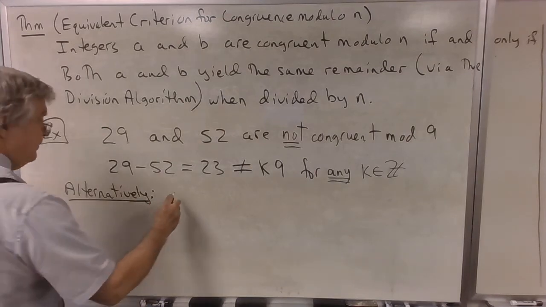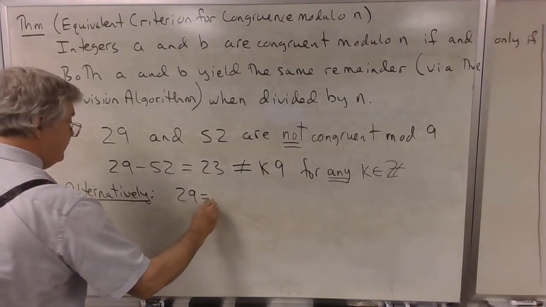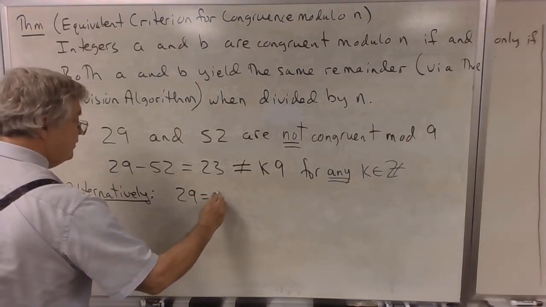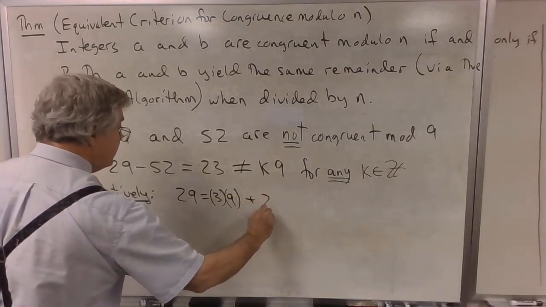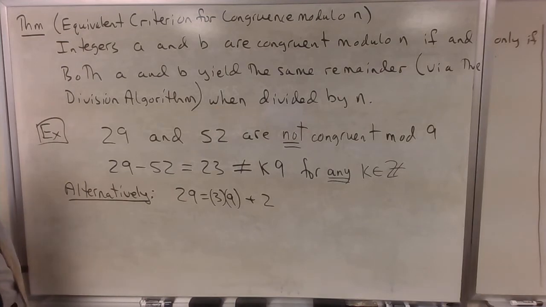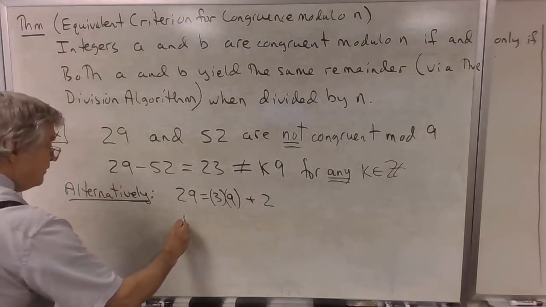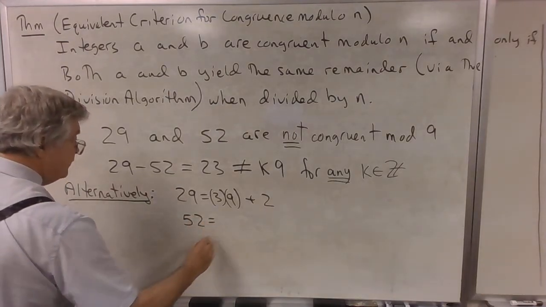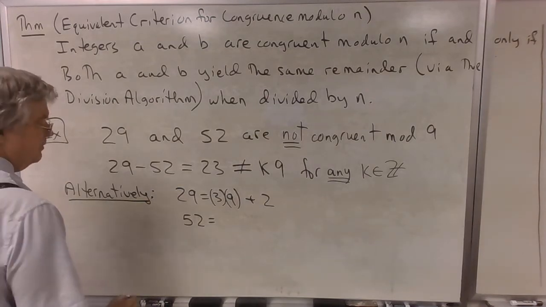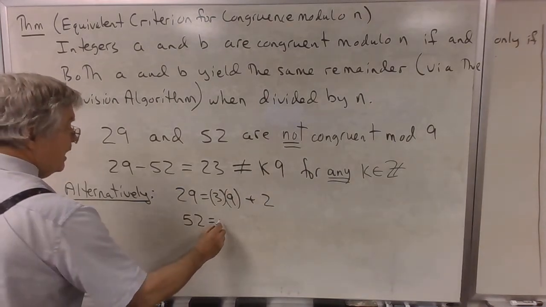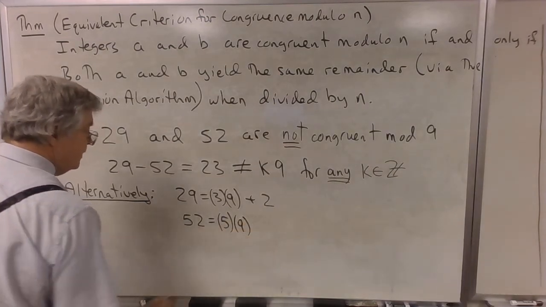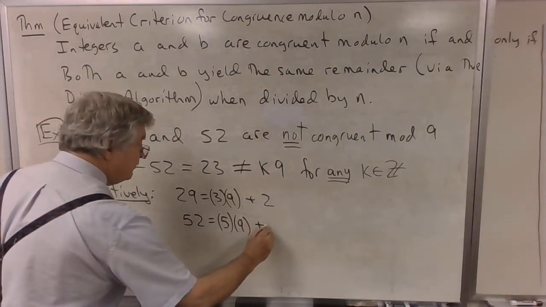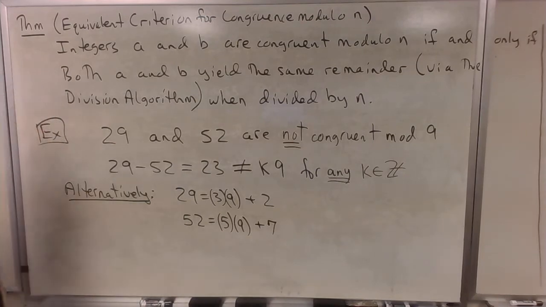So let's see. 29 is equal to 3 times 9 plus a remainder of 2. 52 is equal to 5 times 9 plus a remainder of 7.